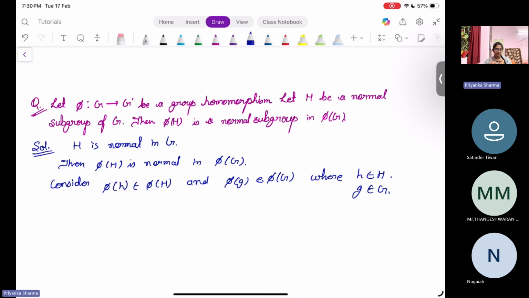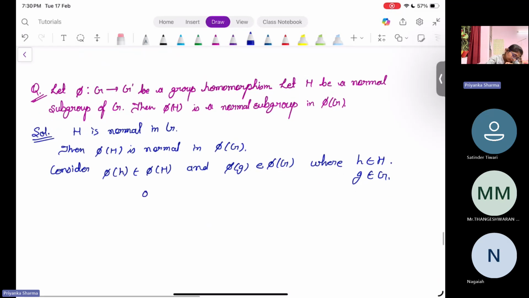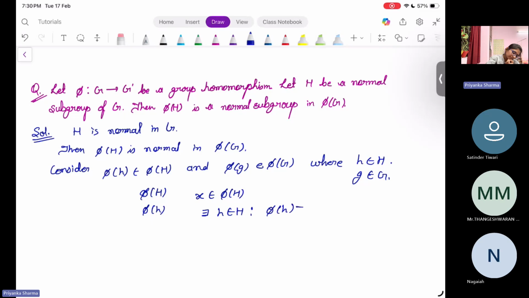Phi will be surjective actually if you restrict the codomain to the image set. So every element in phi of H can be written as phi of h. Whenever you have some x belongs to phi of H, there exists some h belongs to H such that phi of h is x. Using this, we directly consider phi of h in phi of capital H and phi of g in phi of capital G.